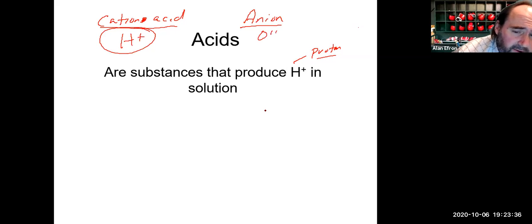So when we go about naming acids, the major thing that you want to look at is whether or not the acid has oxygen in the formula. If it doesn't have oxygen, we will name it one way. If it does have oxygen, we would obviously name it a different way. So let's talk about that. Let's start with if the acid has no oxygen.